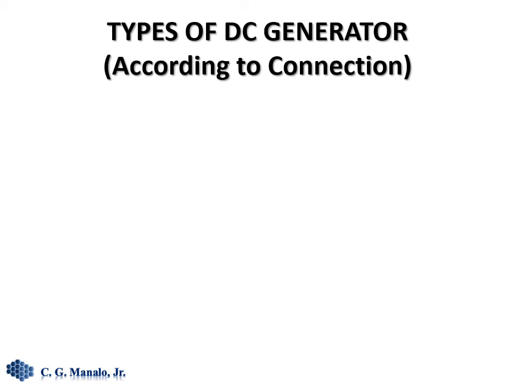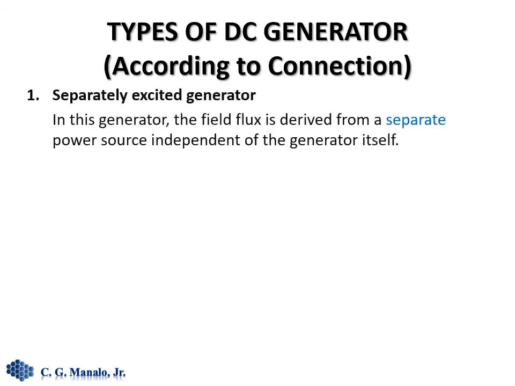There are several types of DC generator according to connection. What we cited in our example is a separately excited generator. In this generator, the field flux is produced by a separate circuit that is connected to a separate source.